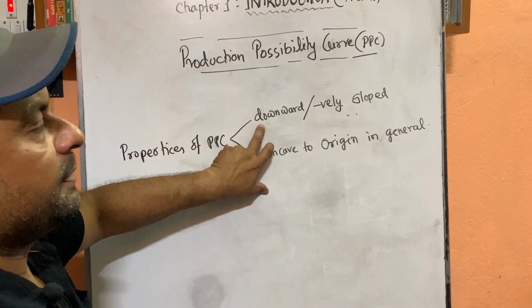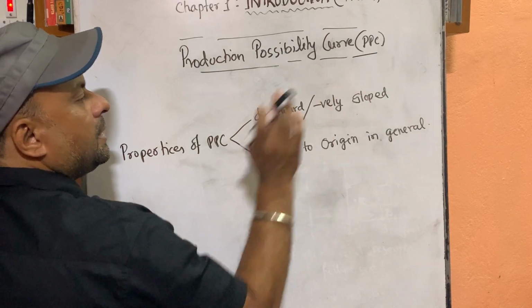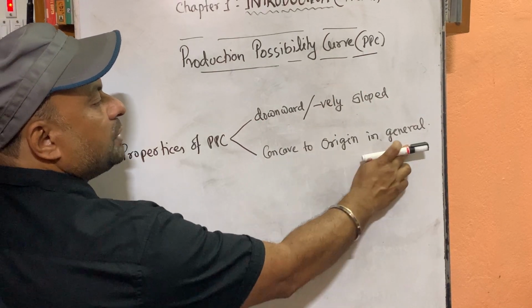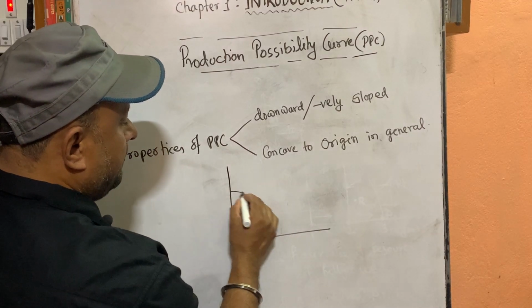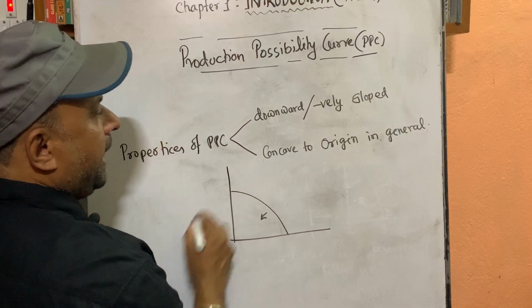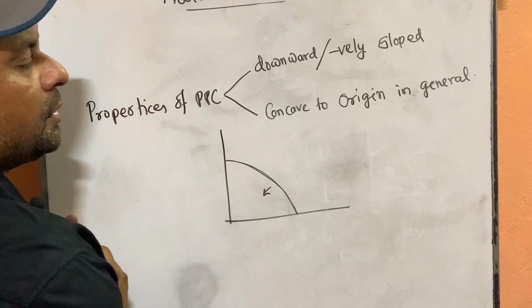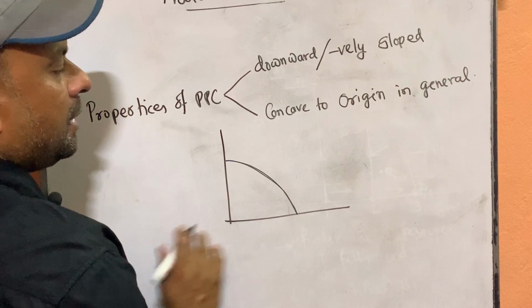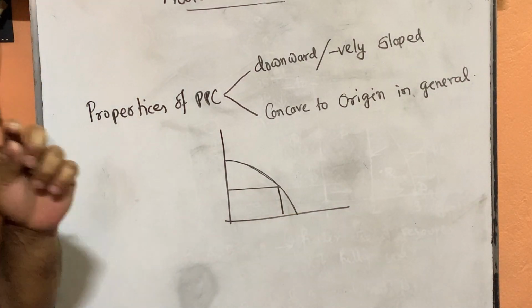Two properties of PPC. PPC is generally downward or negatively sloped, and PPC is concave to the origin. Concave to the origin means like that. Why negatively sloped? Because in PPC we cannot increase production of both goods simultaneously.